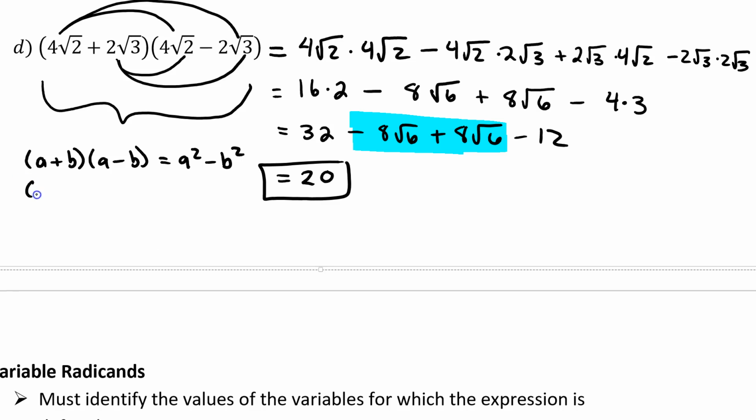Whereas if I would say a plus b times a plus b, I would get a squared plus 2ab plus b squared. Because it's a difference of squares, that middle term actually goes away, just like the middle term in this goes away. So more about that later, but keep that in the back of your head.